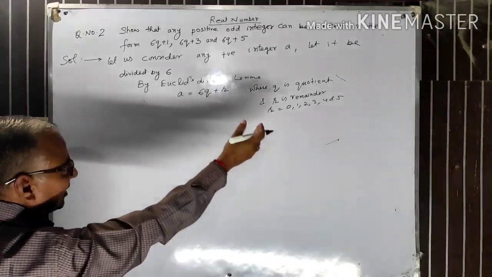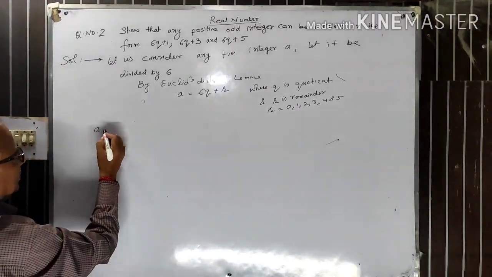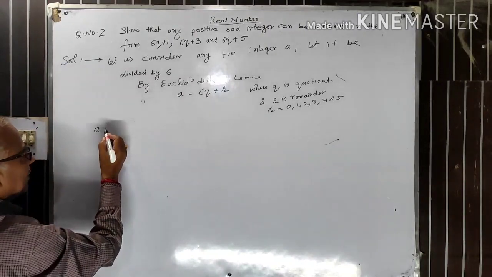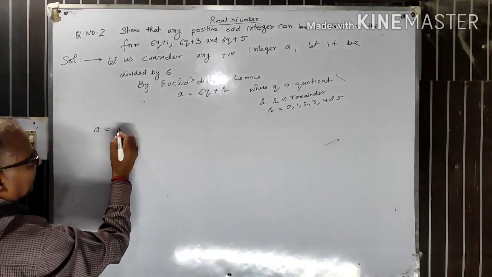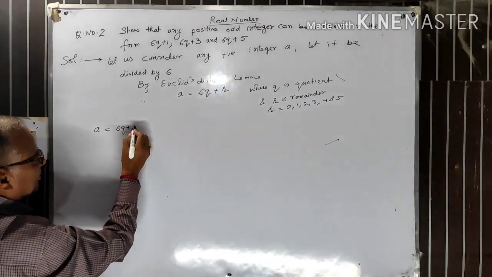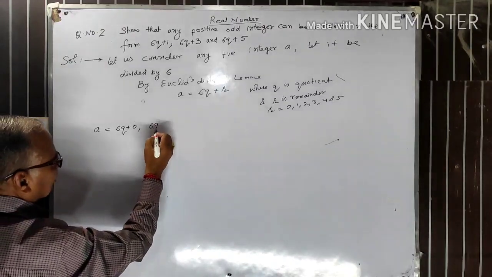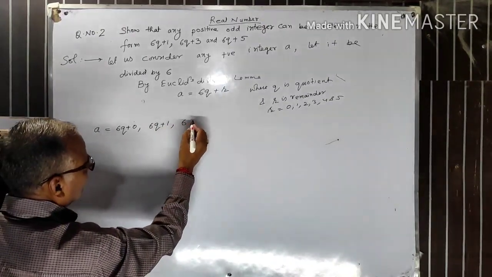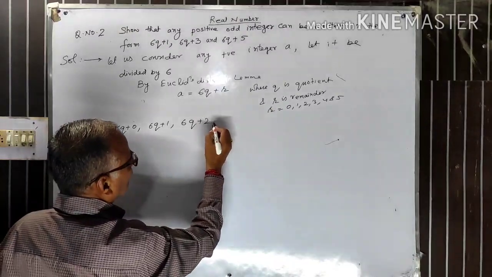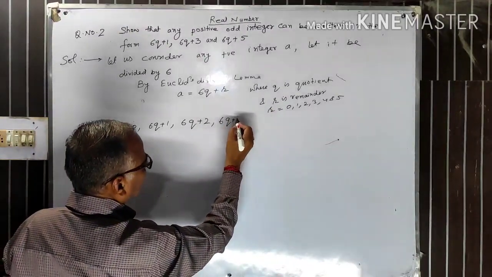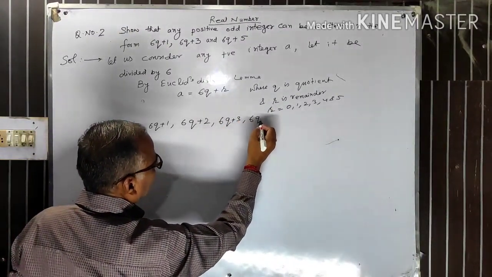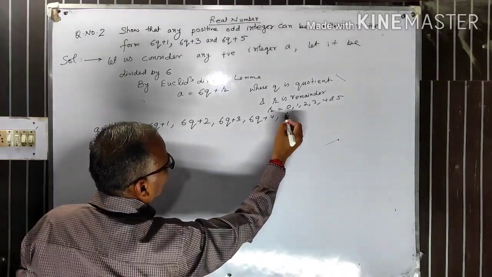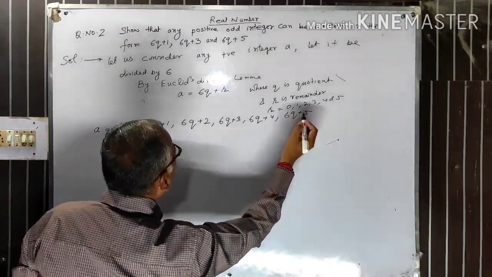So a can take any value 6q plus 0, 6q plus 1, 6q plus 2, 6q plus 3, 6q plus 4, 6q plus 5.